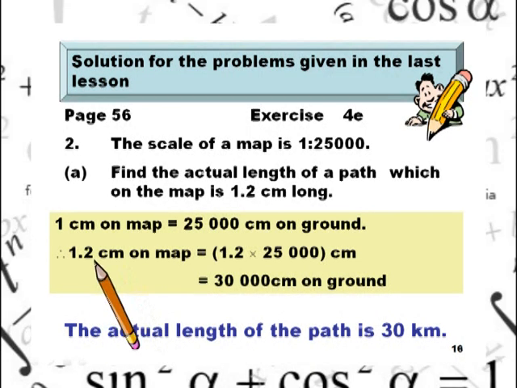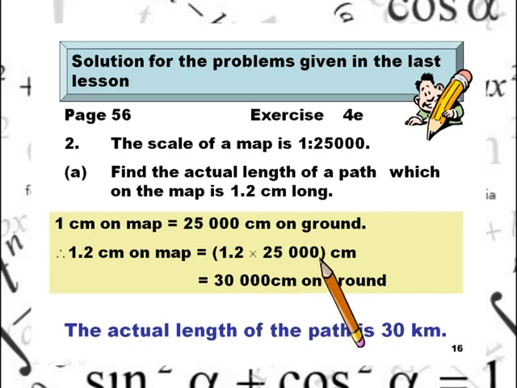Therefore, 1.2 cm on map equals 1.2 by 25,000 cm equals 30,000 cm on ground. The actual length of the path is 30 kilometers.